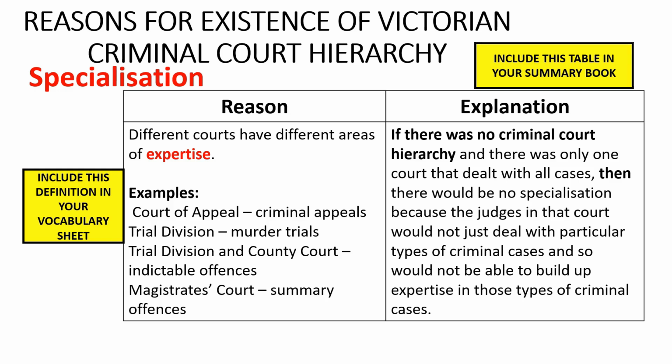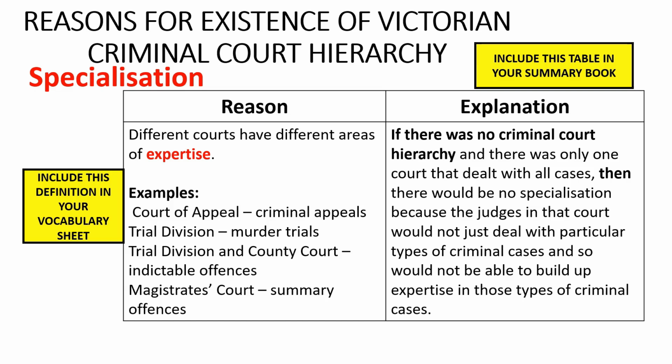The second example of specialisation relates to the trial division of the Supreme Court. Because the trial division of the Supreme Court is the only court that has original jurisdiction to hear murder trials, then we can say that the trial division has expertise in murder trials. A third example is that because both the trial division of the Supreme Court and the County Court have original jurisdiction to hear indictable offences, then both the trial division and the County Court have expertise in indictable offences.